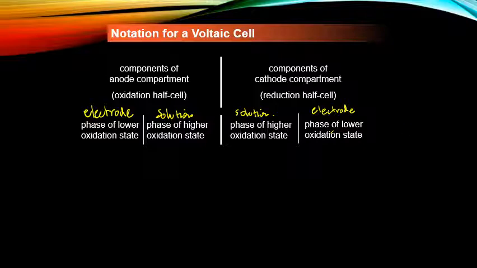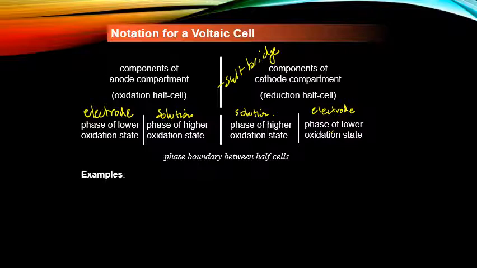Just as a heads up, if your electrode is an inert electrode and you have the two substances undergoing that process both in solution, you would separate them by a comma in the solution part of the compartment. So I have the electrode, a single line, the solution, a double line, which represents the salt bridge, and then I have the solution and then the electrode once more. So again, these represent the phase boundaries between the different half cells, which is basically our salt bridge.